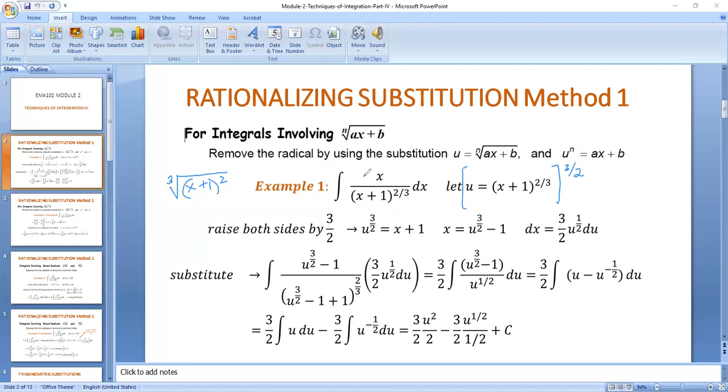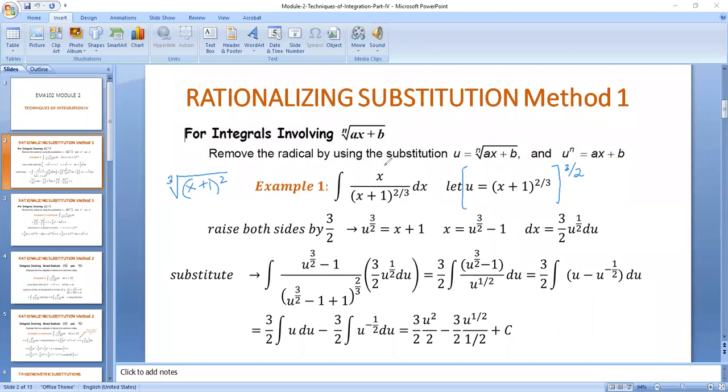Then, since you want the expression that will replace the x in the numerator, from this equation we get an expression of x in terms of u. If it's x that should be left, then this one should be transferred to the left side. Interchanging the left and right sides of this equation, you now have x equal to u raised to 3/2 minus 1.